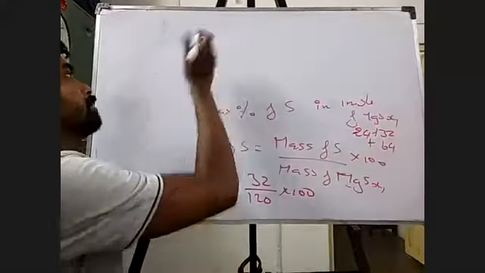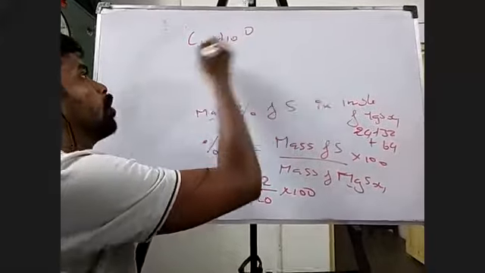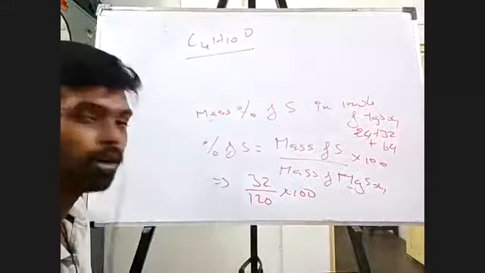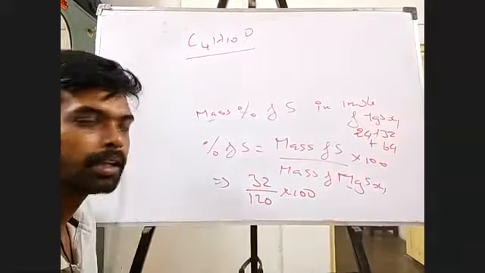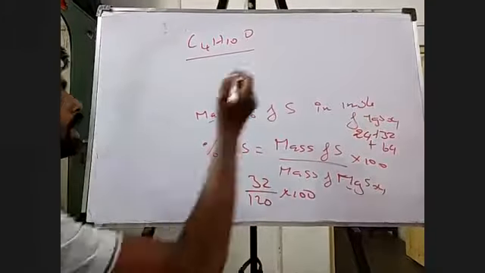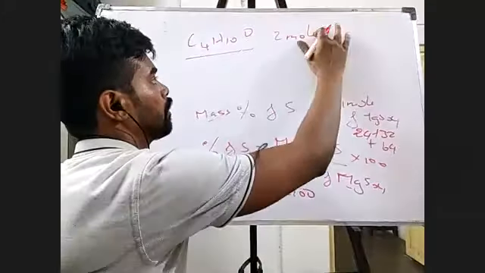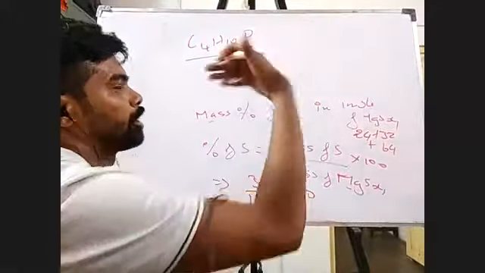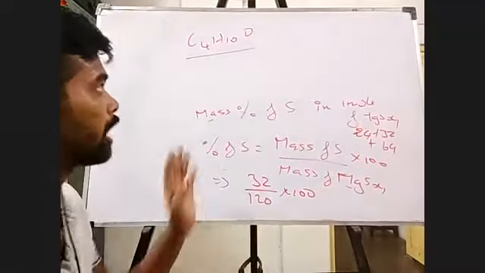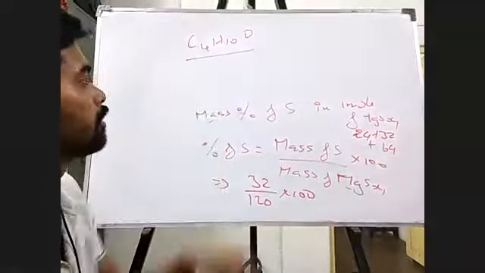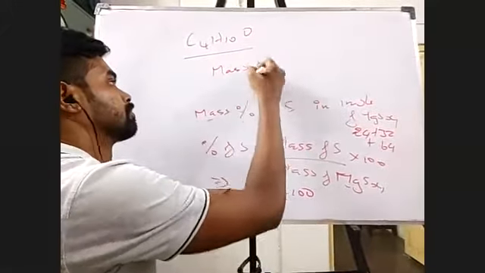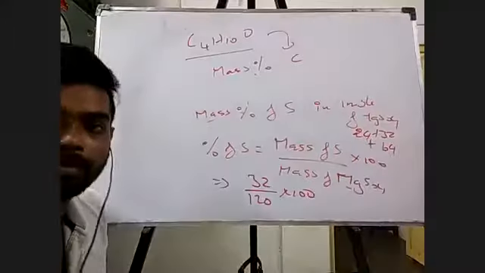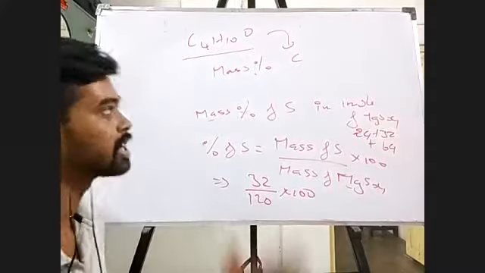Say I have C4H10O, a compound. You don't have to go into the structures and all that. There is a compound like this, C4H10O. Say I have 2 moles of this, or say 1 mole only, no problem. I don't even have to know whether it's 1 mole or 2 moles. I want to know what is the mass percentage of carbon in this molecule?